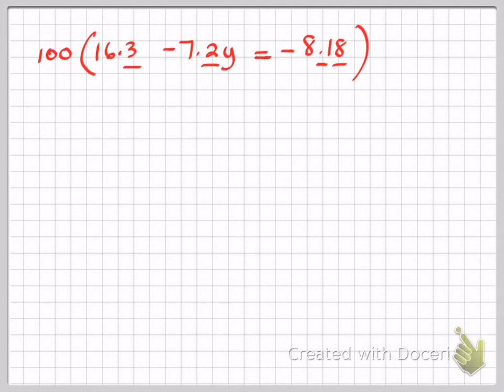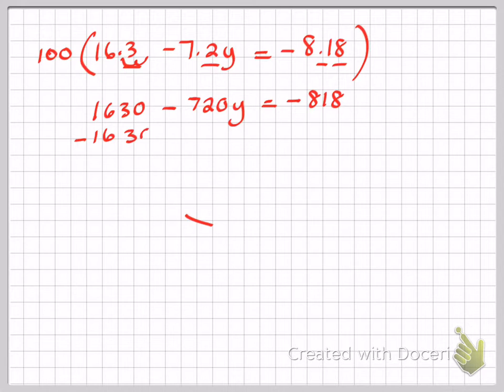Now let's do this. What do I do first? How about Julia? 2 places to the right. Whoops. 2 places to the right. I'm doing once, twice, so it'd be... And minus 720y equals? Good. And now I'm subtracting 1630.